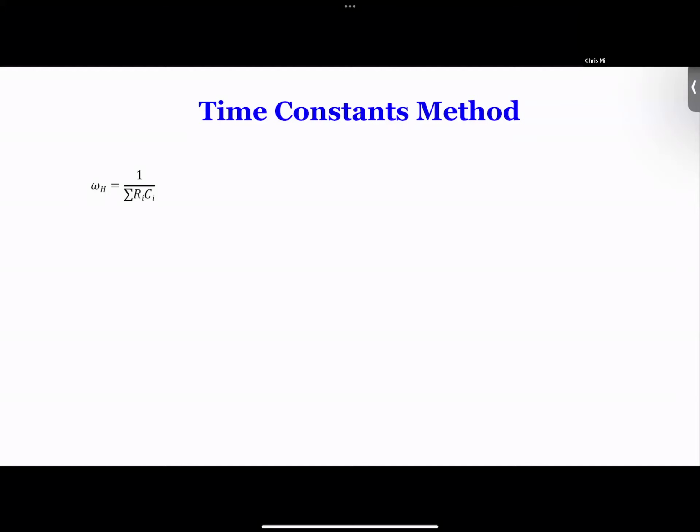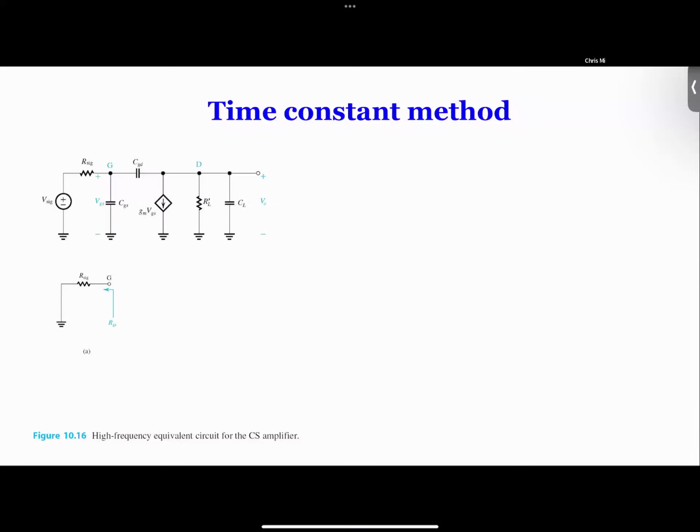So what do you mean by a time constant? Well, we have to use an actual example, and hopefully we have one. So this example is a MOSFET common source amplifier. We already did one simplification: we had RL prime, which is equal to RL in parallel with RO.